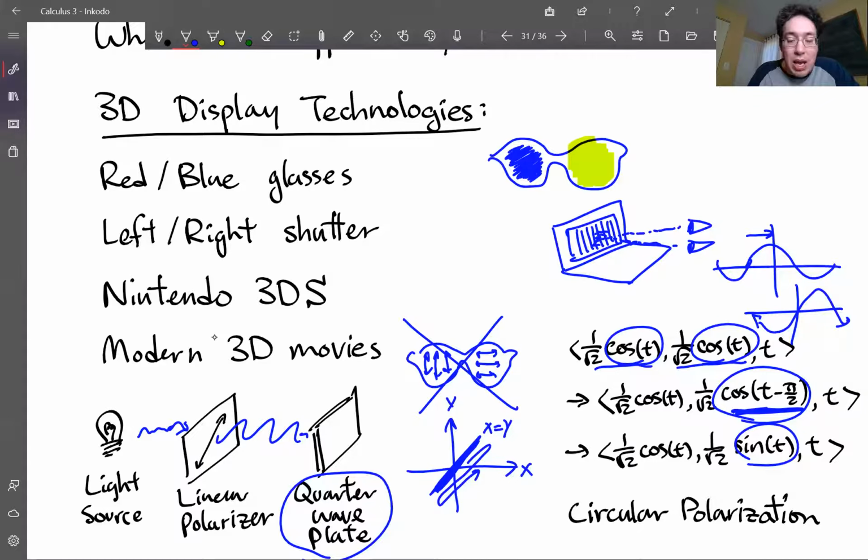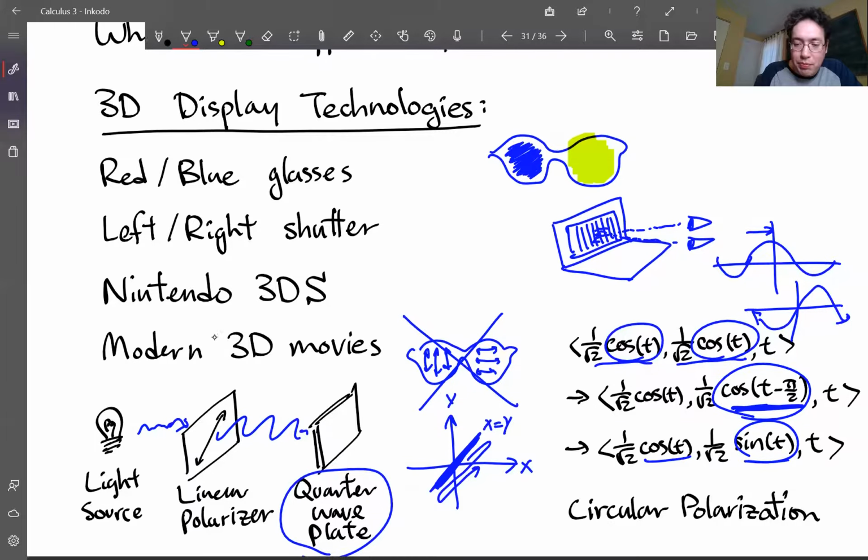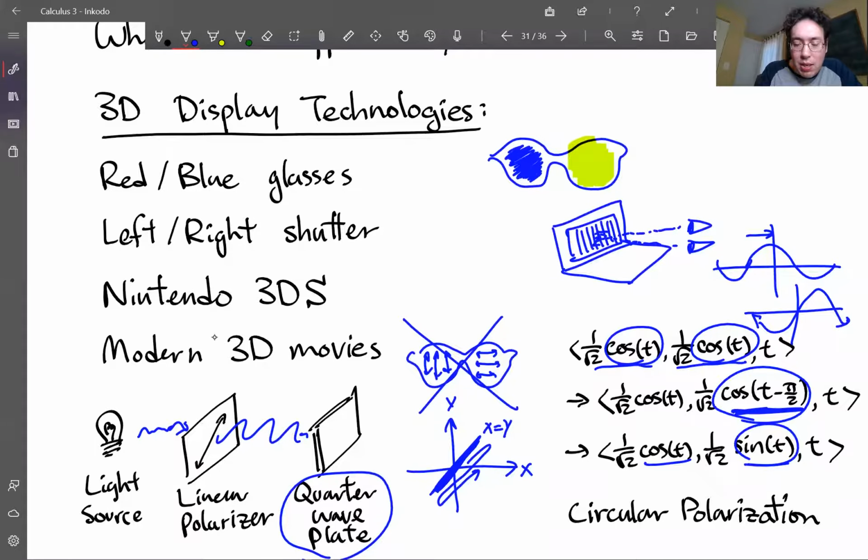But now what we get is what's called circular polarization. So we have cosine and sine in the xy plane. And let me draw what it does. We know what cosine and sine does, right? It draws a unit circle around the origin in the counterclockwise direction.